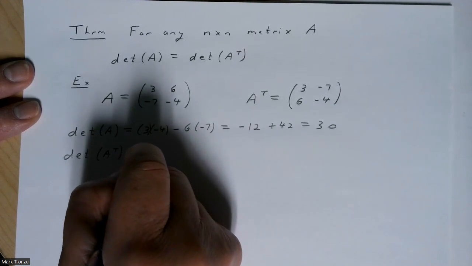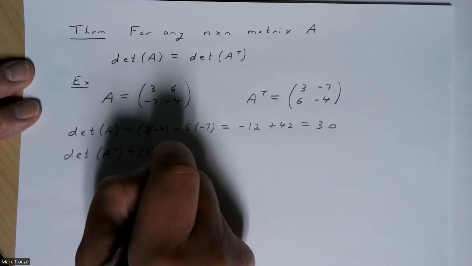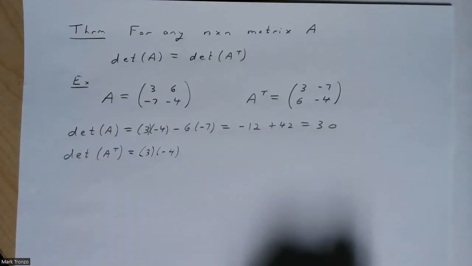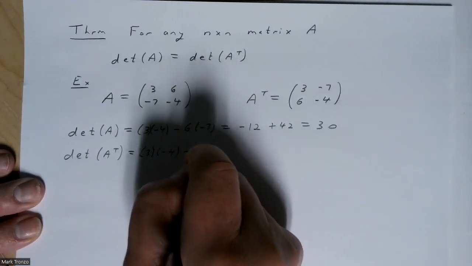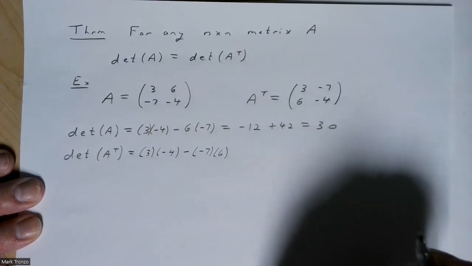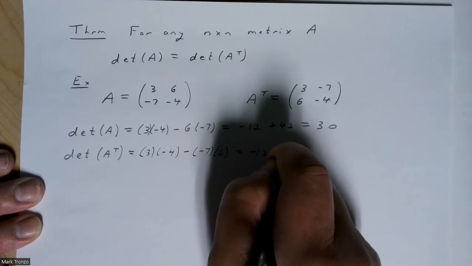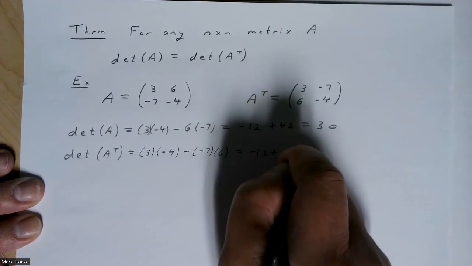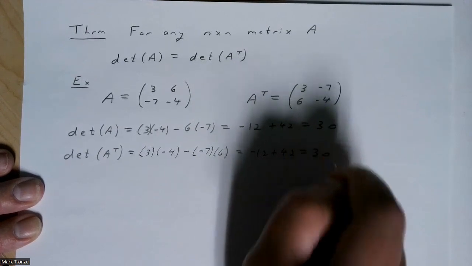Upper left times lower right, minus upper right times lower left. So minus 12, two negatives again, 42 is 30.